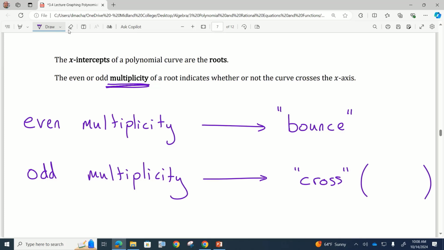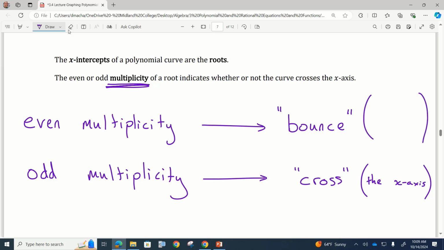Since the roots are places where we have our curve touch the x-axis, if that root has odd multiplicity, when it touches the x-axis, it's also going to cross the x-axis.